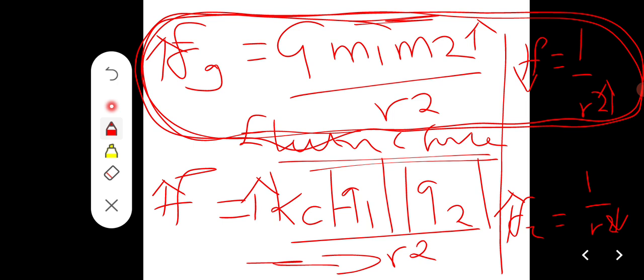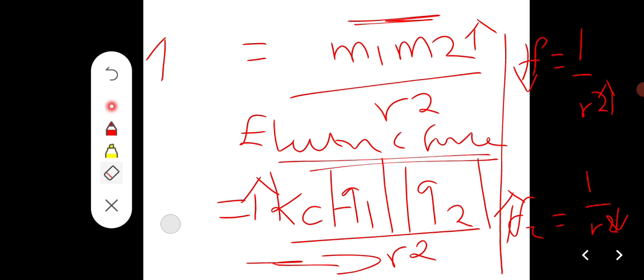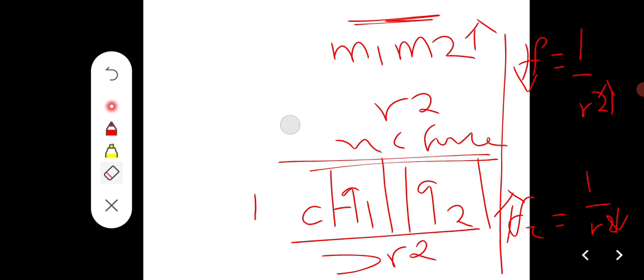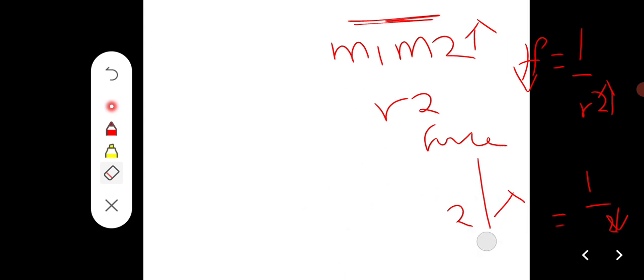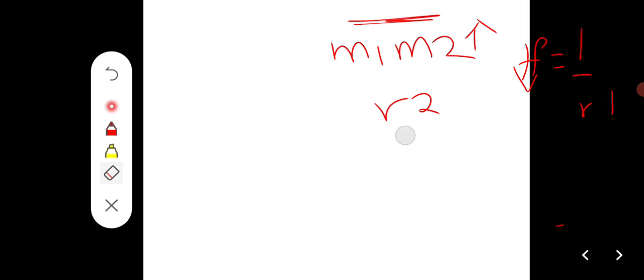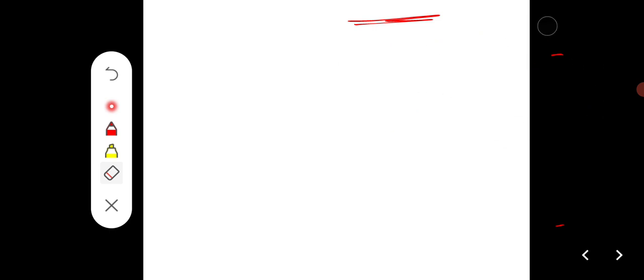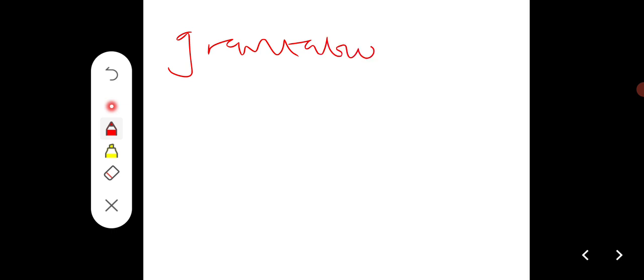So one difference which we can talk about is the gravitational force. You have to know that it's always attractive because it's always pulling the object towards itself. So the gravitational force is always what? Always attractive.